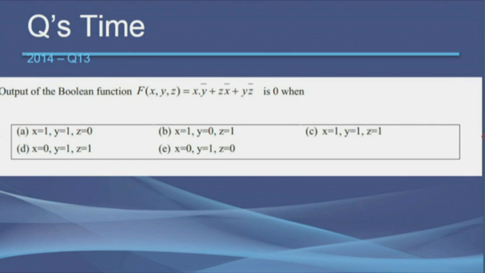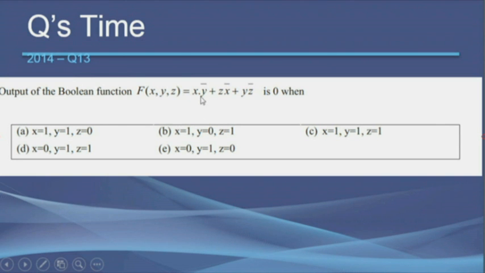In this function you can see there is a y bar here, x bar here, z bar here, or the x, y and z here. As you know, in a product, if one of these two is 0, you will get a 0.